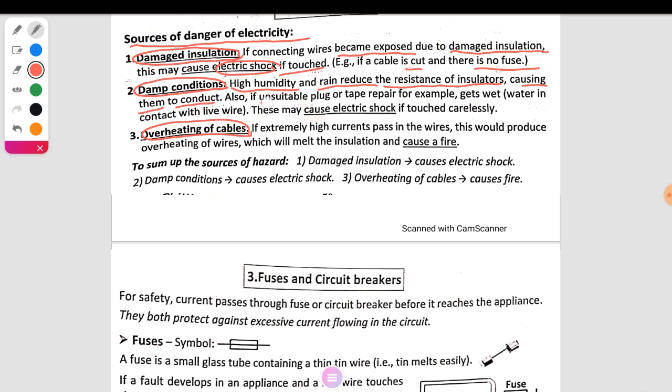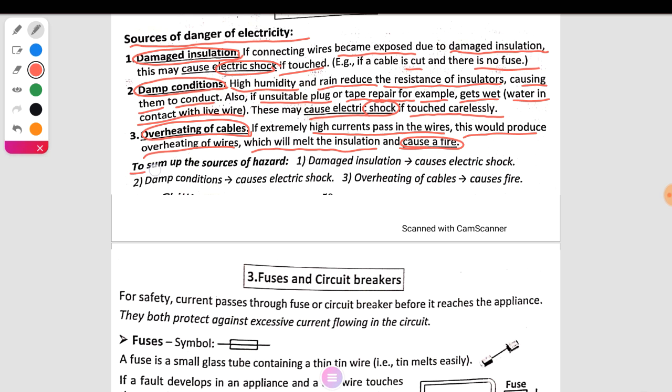If an unsuitable plug or tap, for example, gets wet and water comes in contact with the live wire, this may cause electric shock if touched carelessly. Number three, overheating of cables. If extremely high current passes in the wire, this would produce overheating, which will melt the insulation and cause fires.